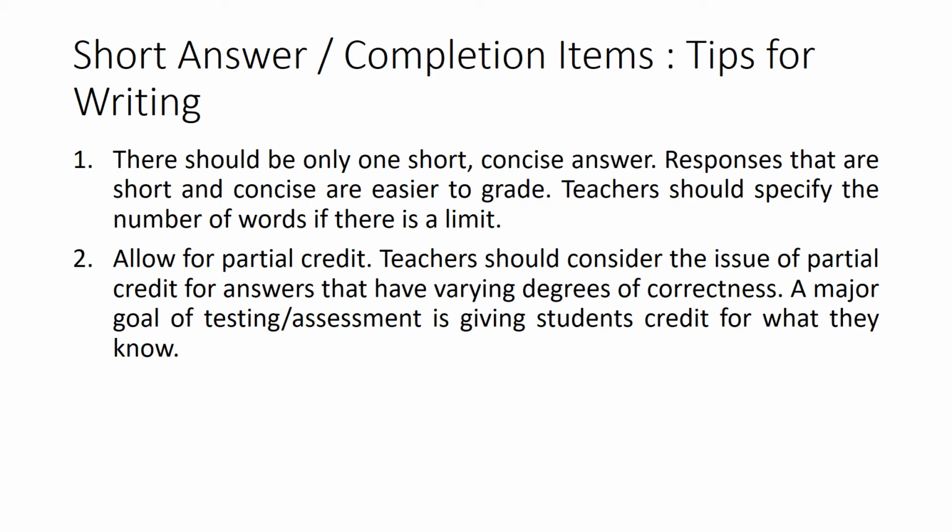So you do not put 0 just because the answer is incomplete, or just because there is a mistake in the answer. No. Here, the major goal of testing or assessment is to give your student credit for what they know.